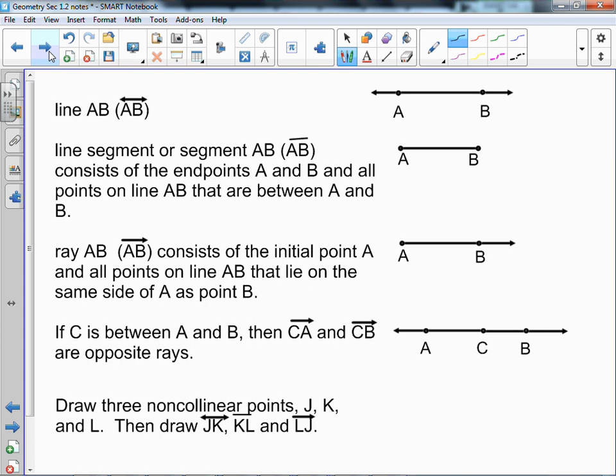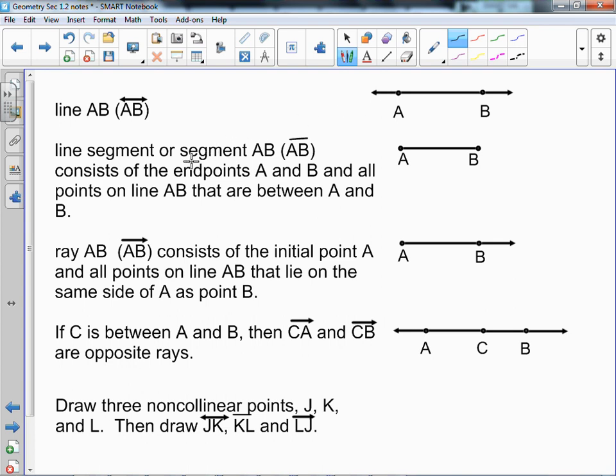All right, so then when we look at different types of figures we can create here, like line AB, just like we discussed before, shorthand form is a little line symbol, arrowhead on both ends over the two letters. So that would represent a figure like so, right? Point A, point B on a line together.